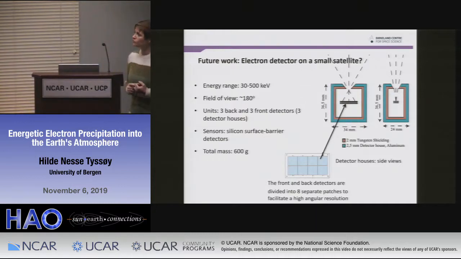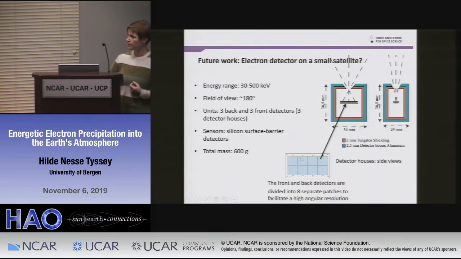When it gets to future measurements, in Bergen we have also designed a particle instrument, an electron detector that will measure from 30 to 500 keV. It has two silicon detectors on top of each other, and it's pixelated.